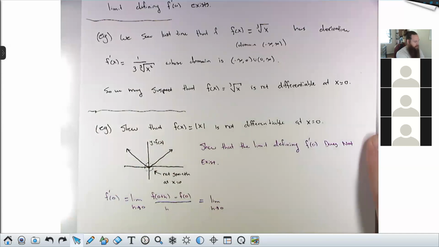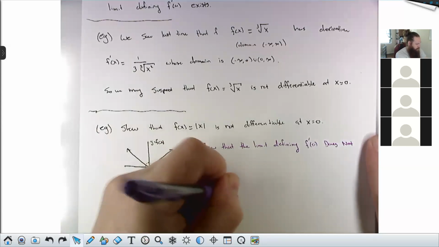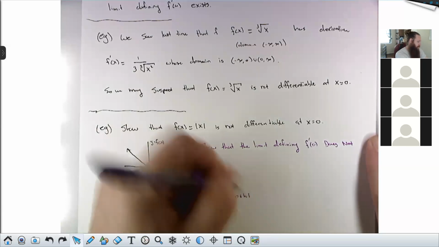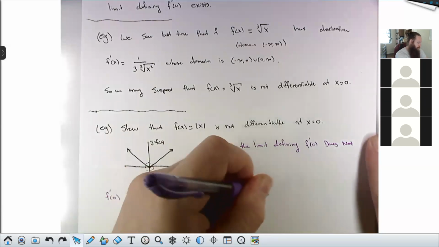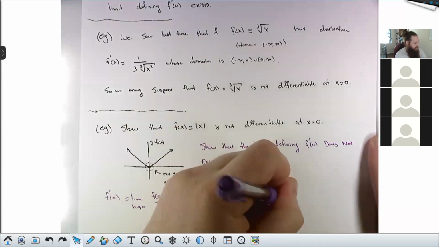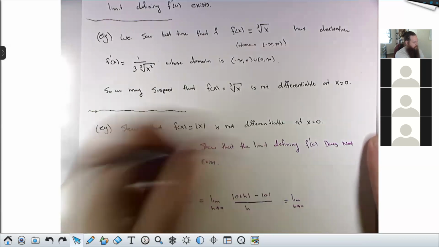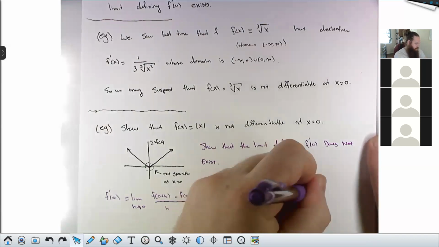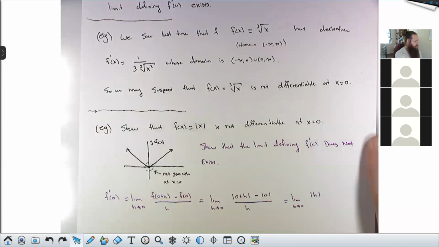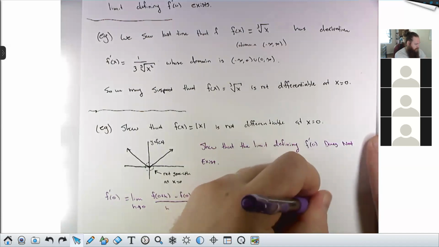Don't skip writing this. Absolute value of 0 plus h, that's f of 0 plus h, minus the absolute value of 0, that's f of 0, all over h. And then those zeros are kind of redundant, right? 0 plus h is just h. So the top is just the absolute value of h minus absolute value of 0, which is 0. And the downstairs here is h.